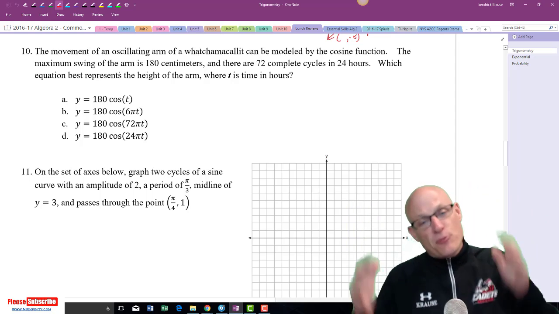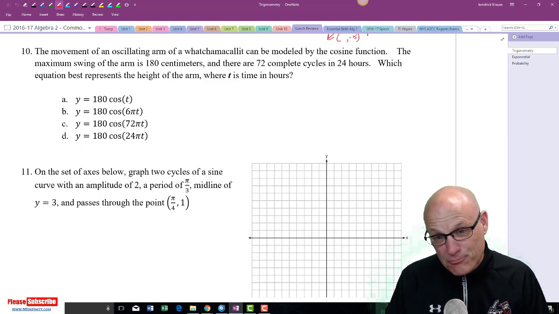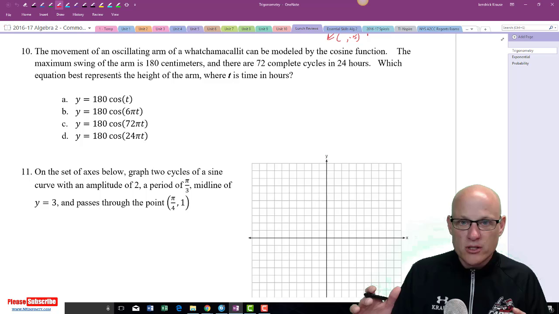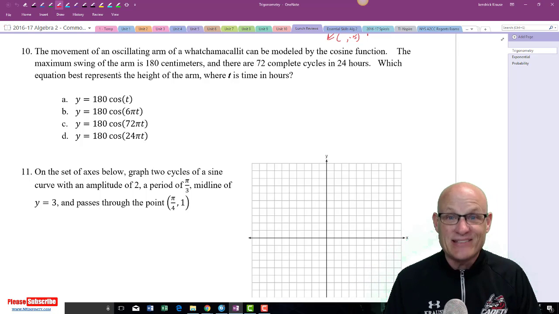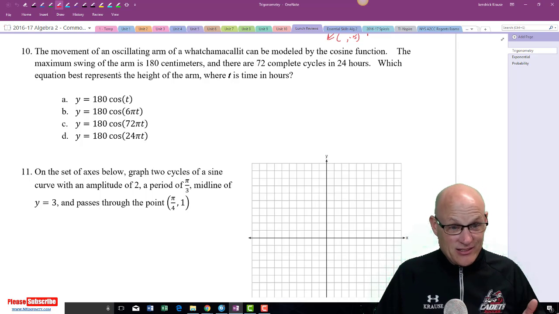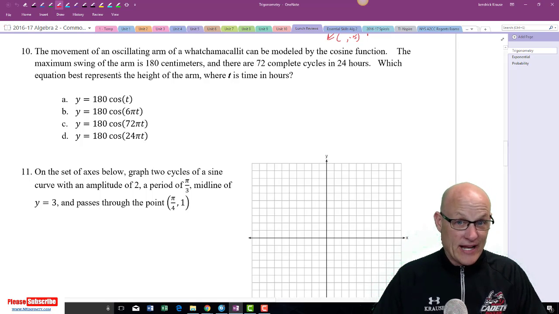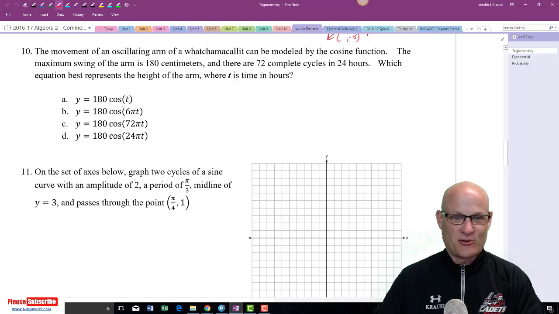If you press pause and try this problem on your own, you just went into hyperactive beast mode, because this problem is not easy. But it's fair game on the Regents exam, because it's going to separate the hundreds from the 90s. This one's bad. I love this question, though.